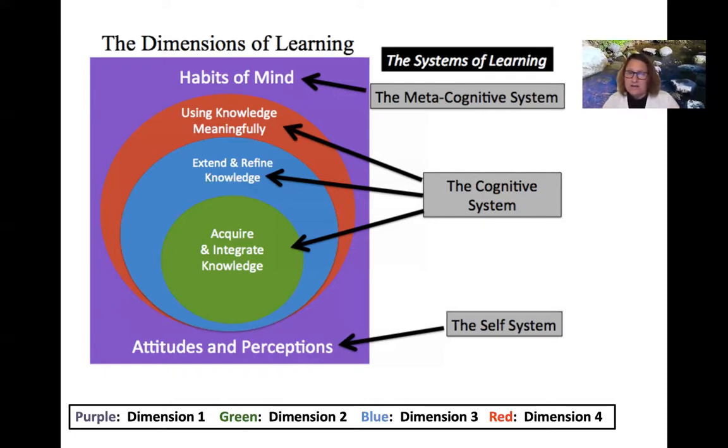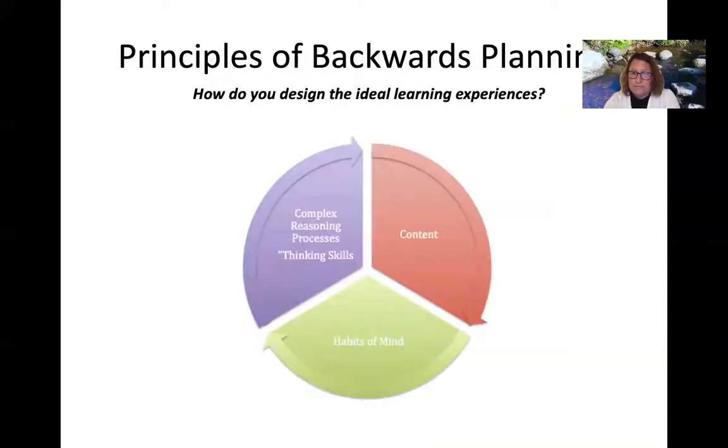And that's the thing that's very visible to people, because that's the thing that gets measured quantitatively. But it's actually the higher level reasoning processes, and the most critical reasoning processes lie in this habits of mind realm, in the attitudes and perceptions realm, the metacognitive system and the self system. This purple is higher level reasoning than what's in the cognitive system. It's the gatekeeper. So we have to really spend a lot of time with it.